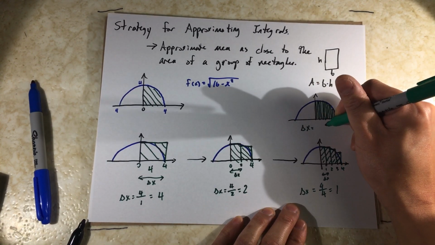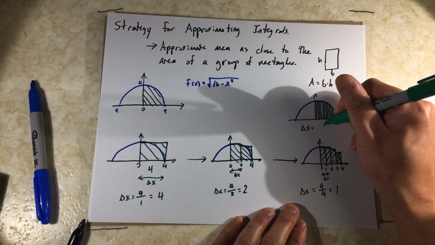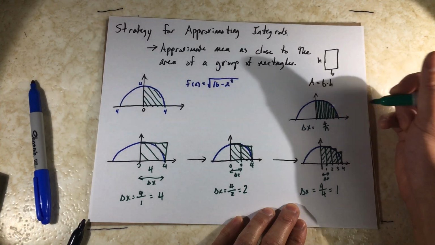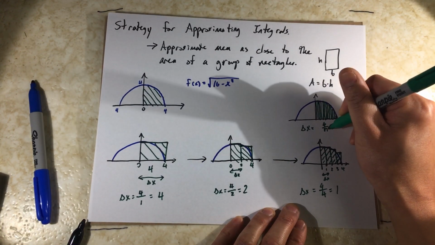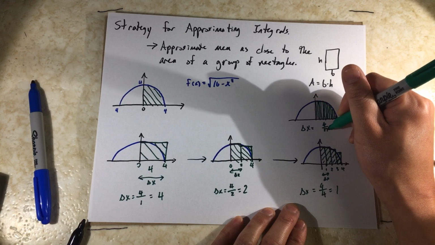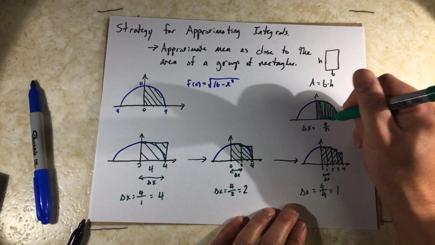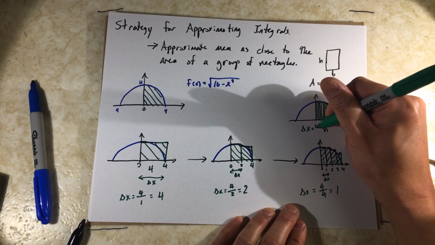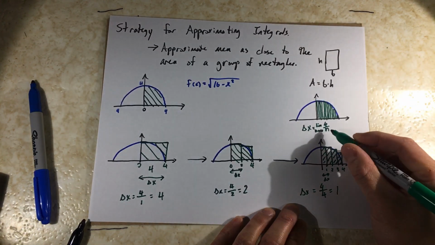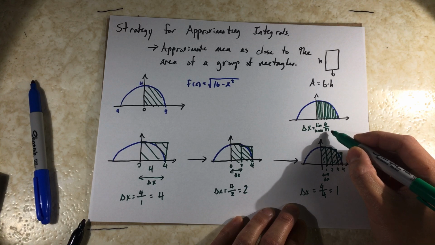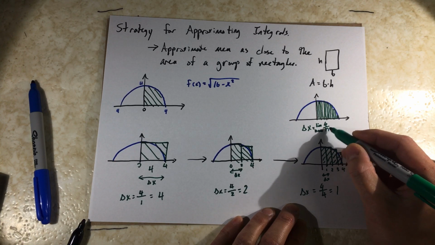And so the way we're going to write this is, if you took 4 and broke it up into n pieces, then it would be 4 divided by n. And we're going to try to break it up into a lot of pieces, because that's when it becomes really good. So we're going to write this as the limit as n goes to infinity. Infinity is like a huge number, so this n is a lot of pieces.